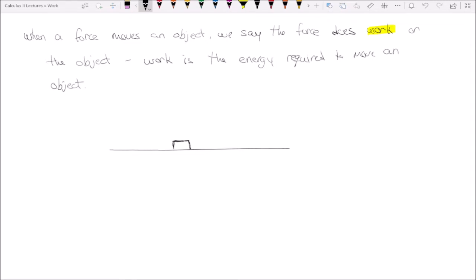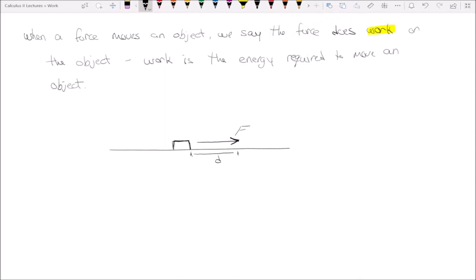Let's say we have an object. We exert a constant force F on it to move it a distance d.